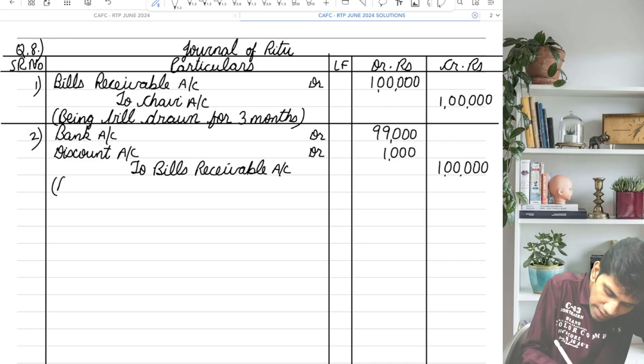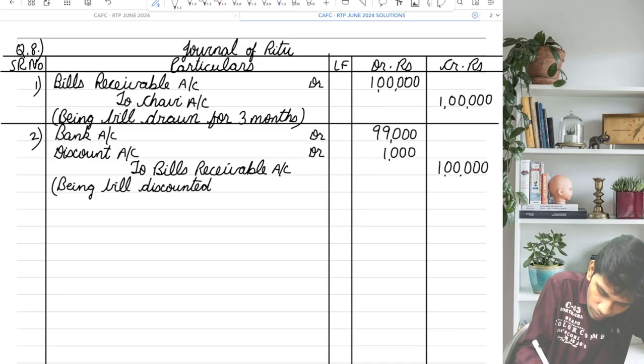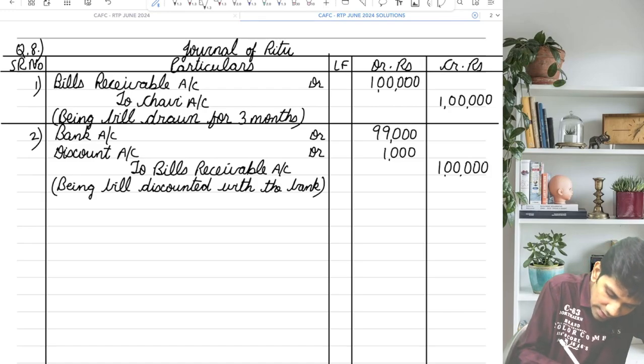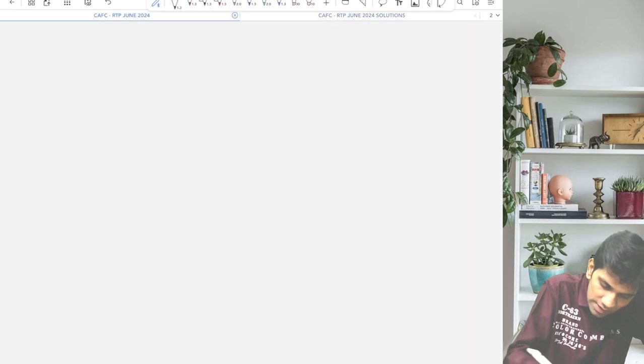So this will be being bill discounted with the bank. Guys, the bill amount was 1 lakh. I wrote 2 lakhs. I've rectified the same. Please make a note of it. Next, let's see the question.